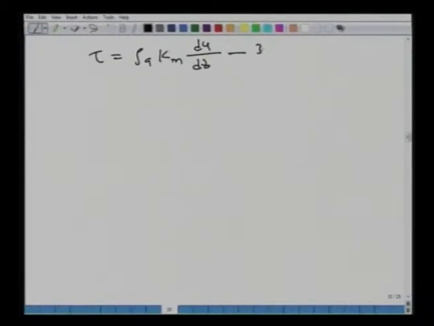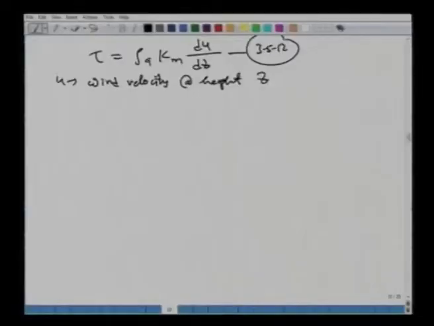and let us say this is 3.5.12, in which u is the wind velocity at height z. And what we will do is take two heights z1 and z2, take the derivative of this wind velocity and humidity gradient, and then try to derive this expression.